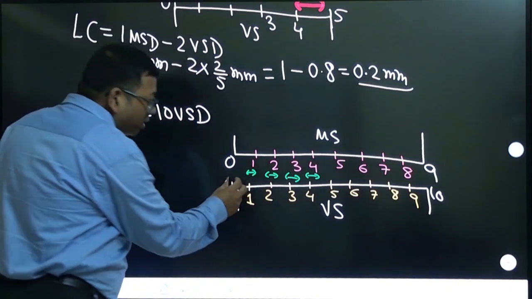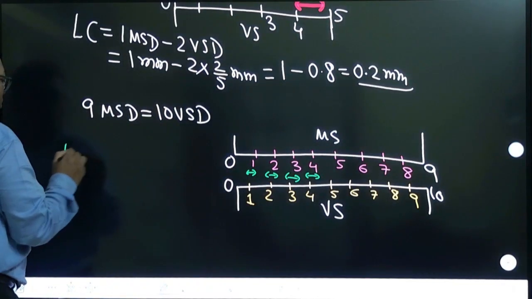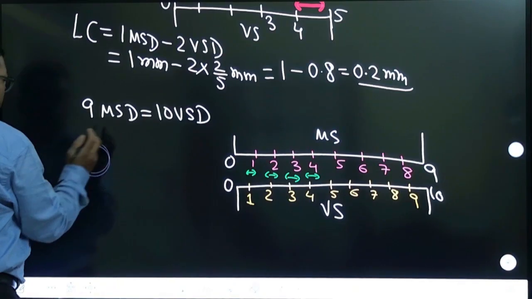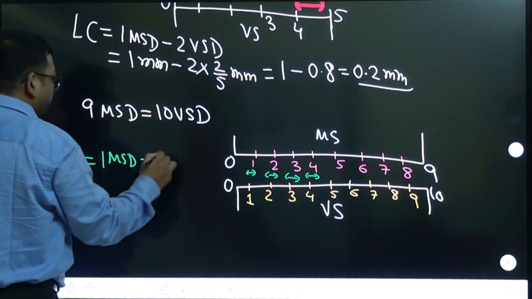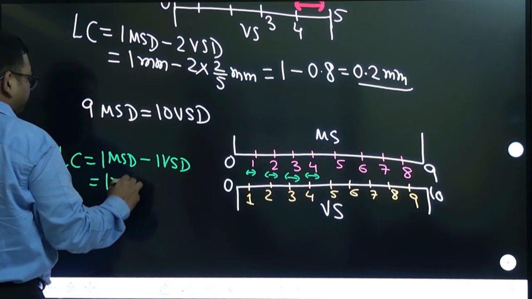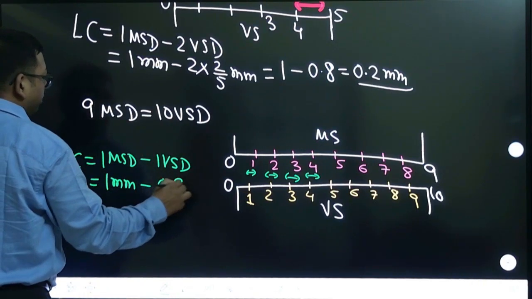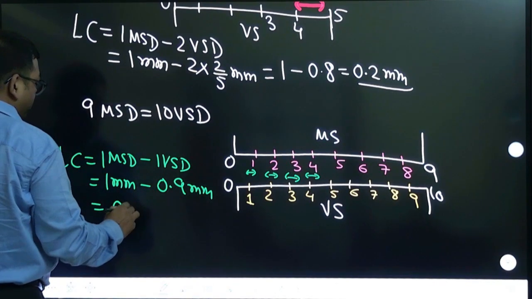So suppose 1 difference if you calculate, that is the normal least count formula which you calculate. The least count formula is 1 MSD minus 1 VSD, right? That is 1 millimeter, and from here 0.9 millimeter, so that is 0.1 millimeter.